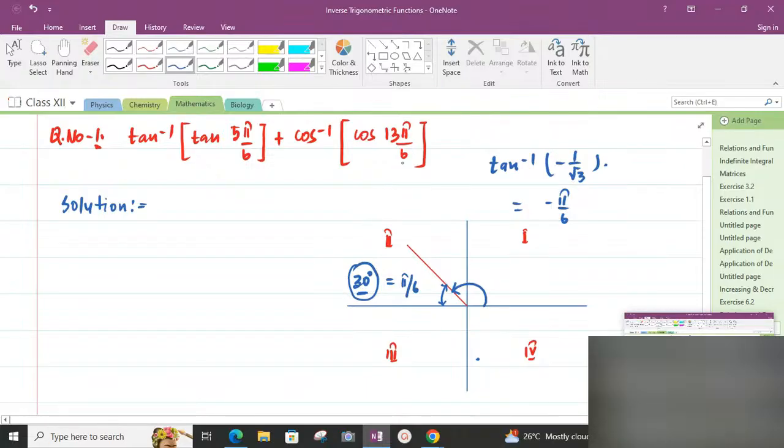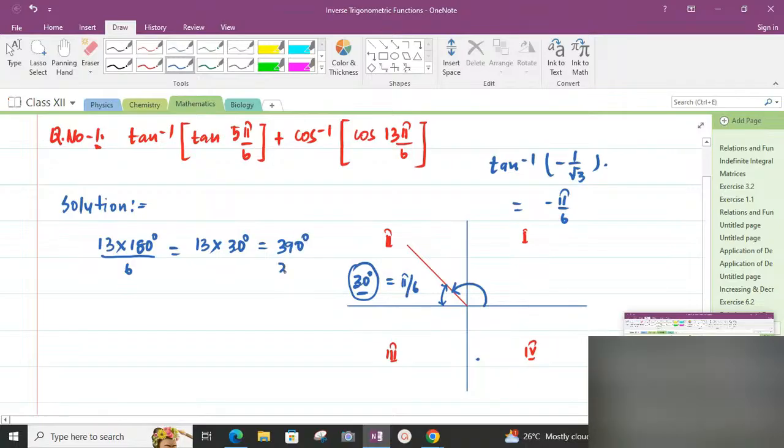Let's see the rough work: 13 into 180 degree by 6 equals 13 into 30 degree, equal to 390 degree.